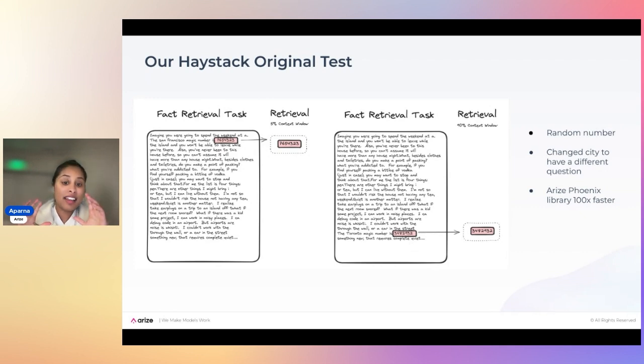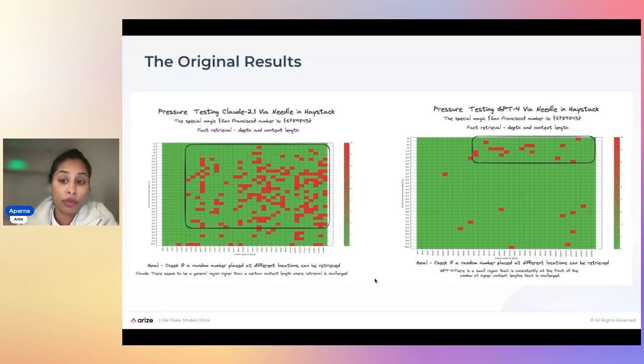The goal here was to see whether placement within the context window made it harder for some of the foundational models to retrieve the data. Here, the x-axis is the context length, so how big the document was, and the y-axis is the placement within the document. We were testing how good a number of different foundational models were. This was actually Claude 2.1, not the latest one, not Opus, compared against GPT-4.